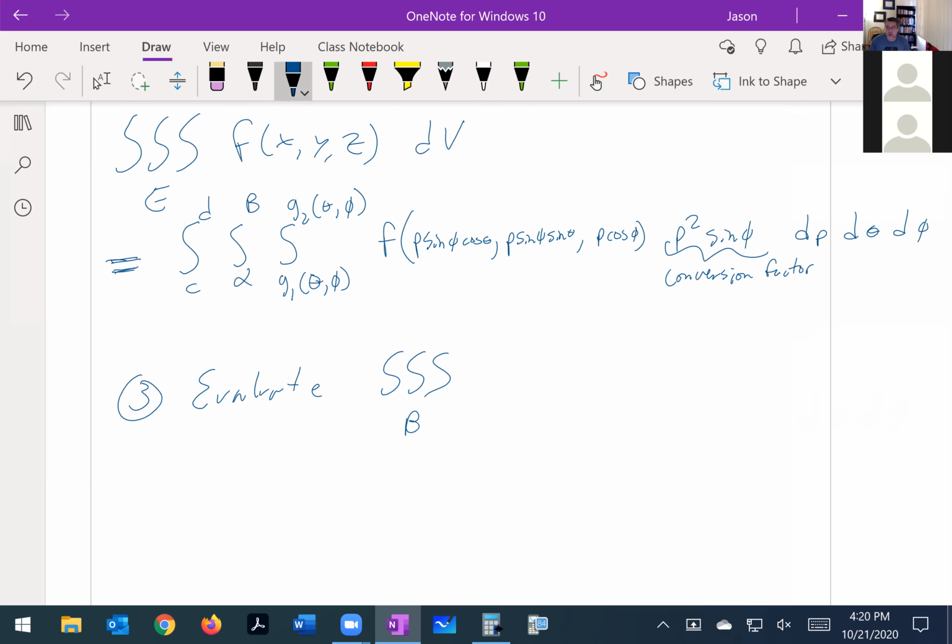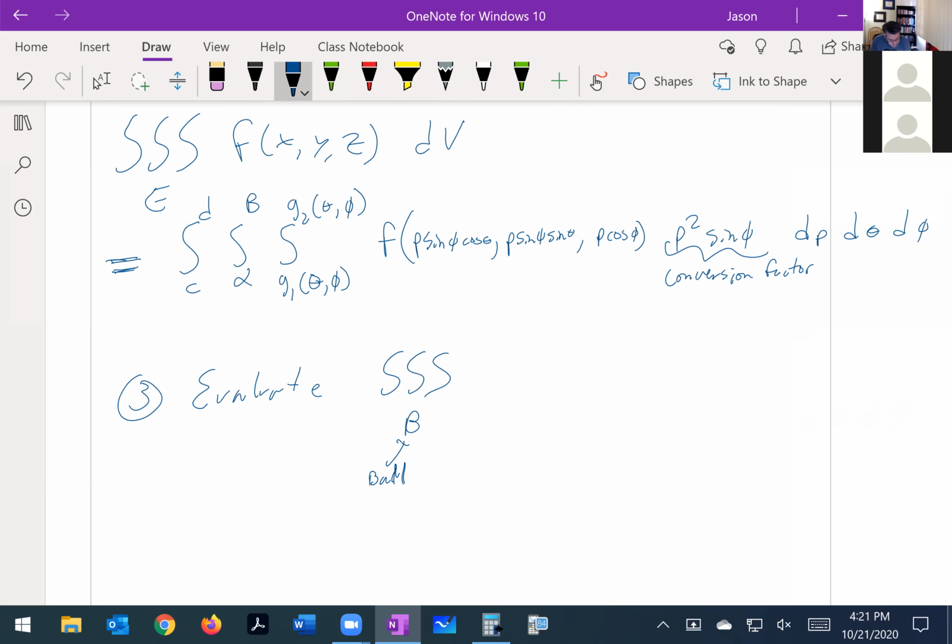If we're going to spherical coordinates, we don't let B be a box. We call B a ball. If we're going to use spherical coordinates, it's got to be on a ball, a sphere. On this ball, we're going to integrate. So it's not a box, it's a ball.